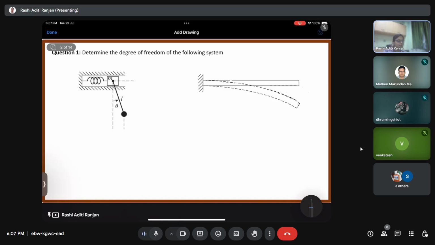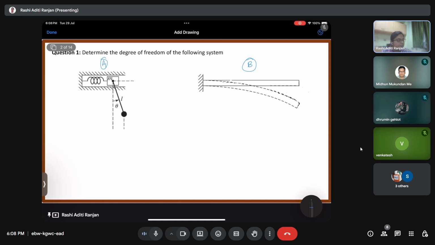Coming on to the first question that I have taken, which is to determine the degree of freedom of the following system. There are two systems given. First one is this A, the second one is this B. When we talk about degrees of freedom, why is it important that we need to know about them?